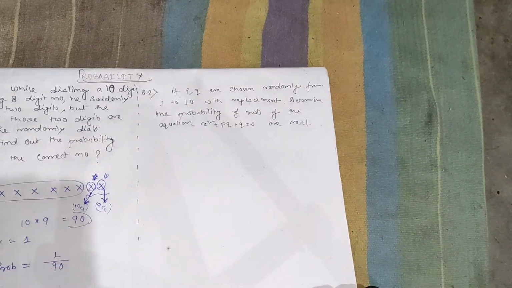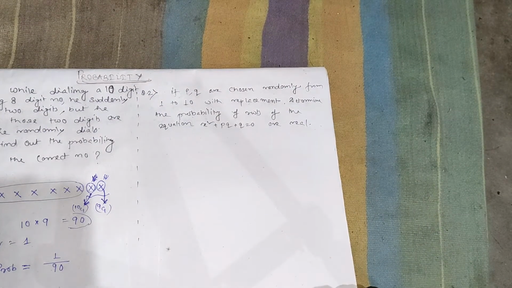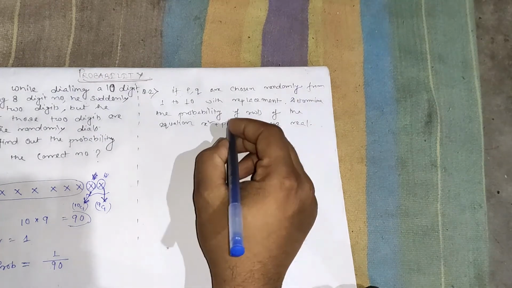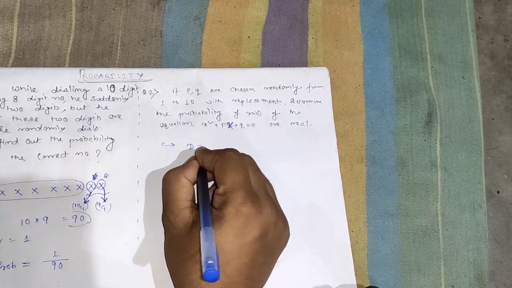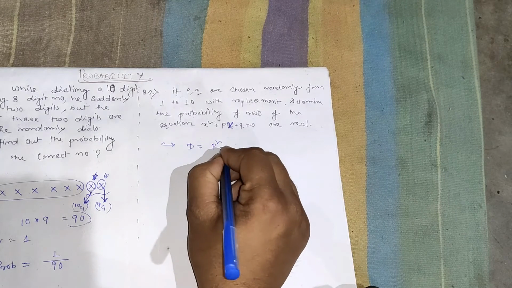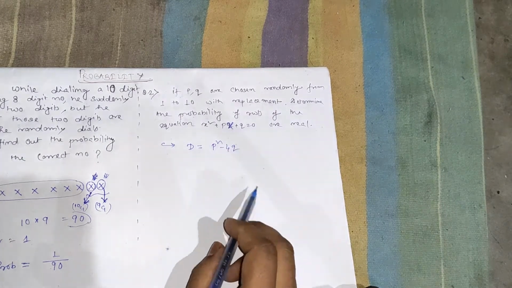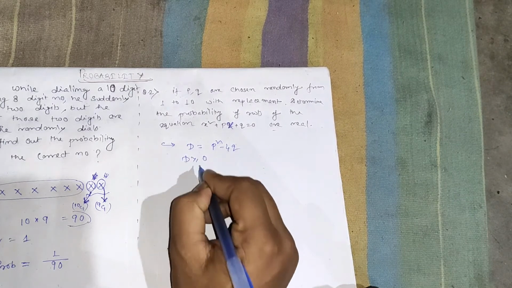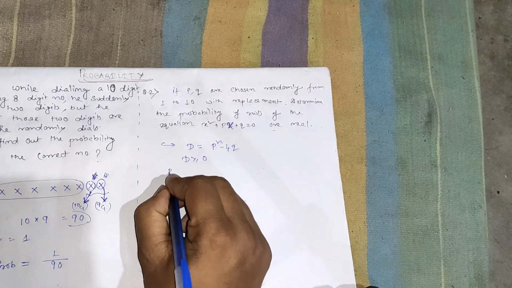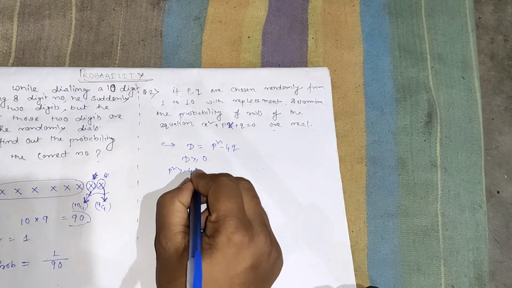So coming to the next question, P and Q are chosen randomly from 1 to 10 with replacement. Determine the probability that the roots of the equation x square plus px plus q equals 0 are real. So D here is p square minus 4q, and I have to find out that it is real. So D should be greater than or equal to 0, and that means p square greater than or equal to 4q.